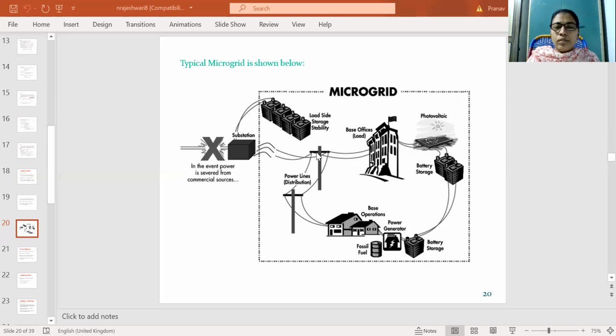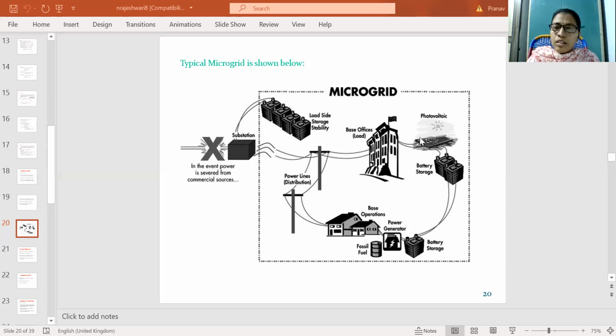It is distributed through these poles to the distribution lines, and comes to the base operations, housing applications, that means consumers, and also the base offices as loads.